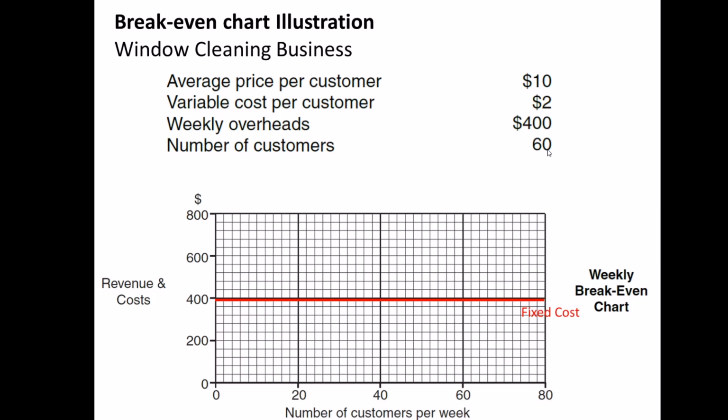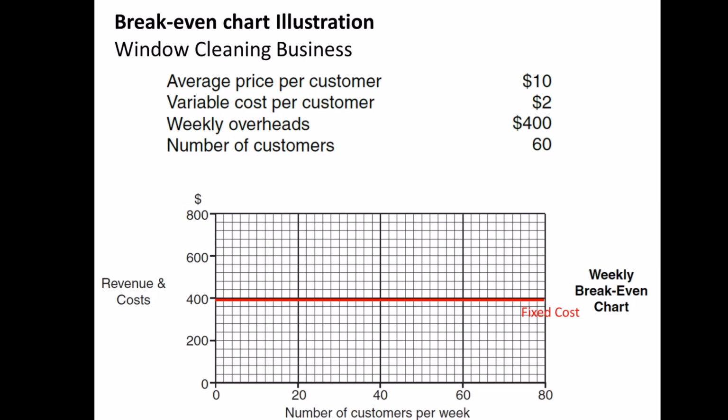So how do we actually draw the variable cost in this case? Anyone? So you need to find 2 points. Which are the 2 points? All right, okay, I'll show you.